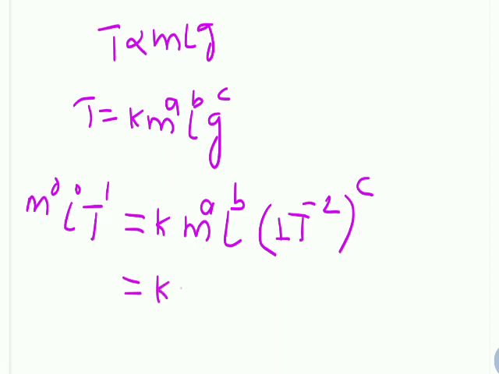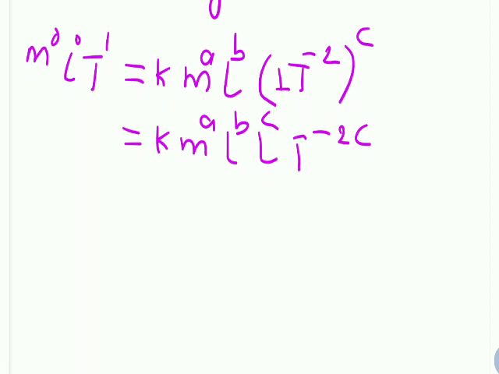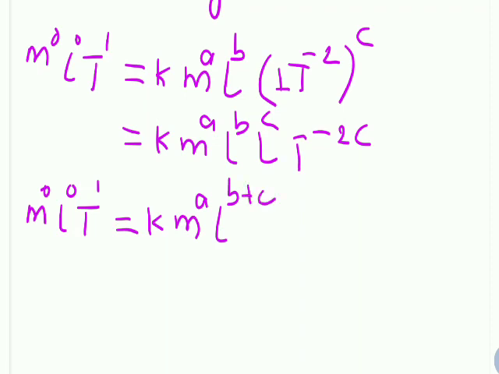So K into M A, L B, L C, T to the power of minus 2C. So M to the power of 0, L to the power of 0, T to the power of 1, then K into M to the power of A, L to the power of B plus C, T to the power of minus 2C.